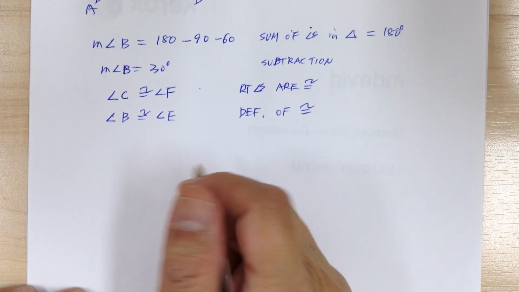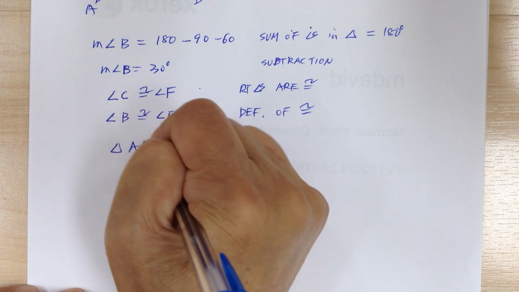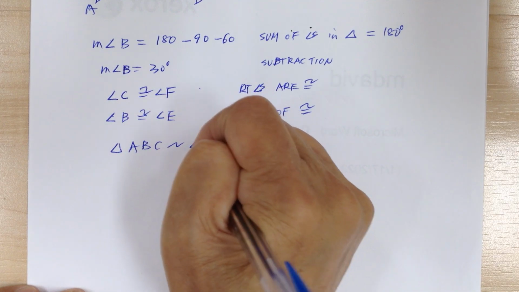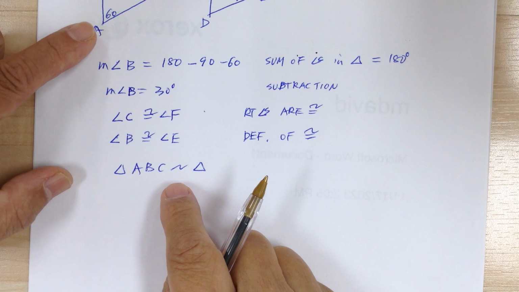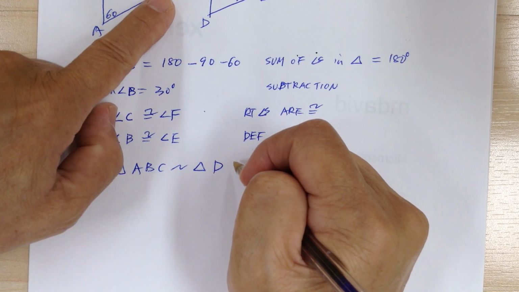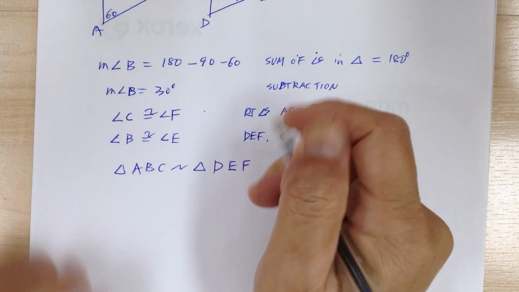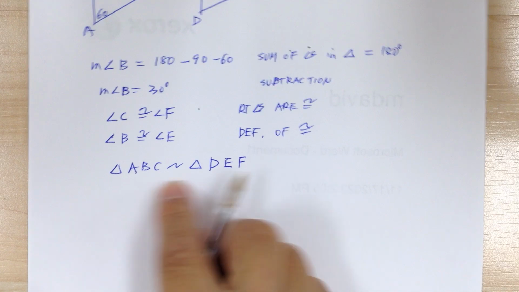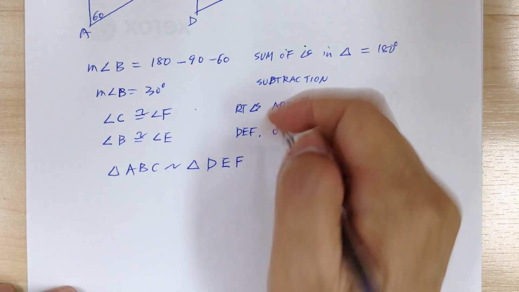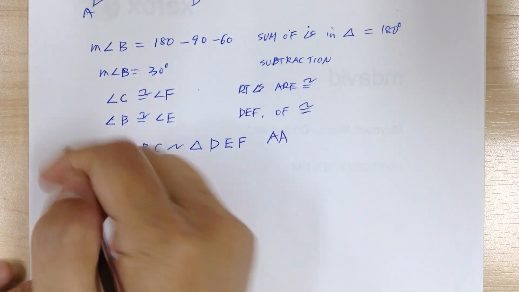And now you have two angles congruent, then you can say triangle ABC is similar to triangle, again, match your letters. So A will match with D, and then B matches with E, and C matches with F. Make sure you pay attention to how to match up the letters, and the reason would be, again, AA, because you got two angles congruent.